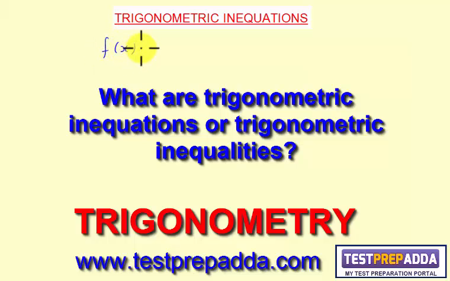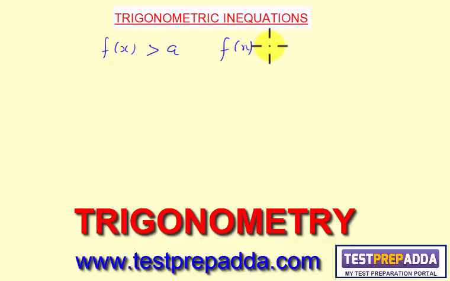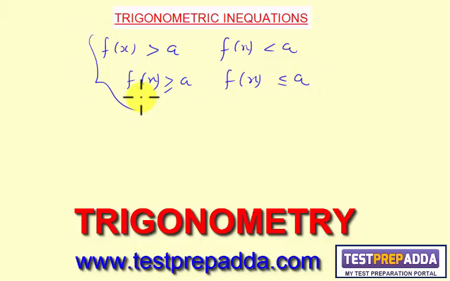function f(x) greater than a, f(x) less than a, f(x) greater than or equal to a, f(x) less than or equal to a. These are called inequalities or inequations. If the function is a trigonometric function, then these inequations will be called trigonometric inequations.